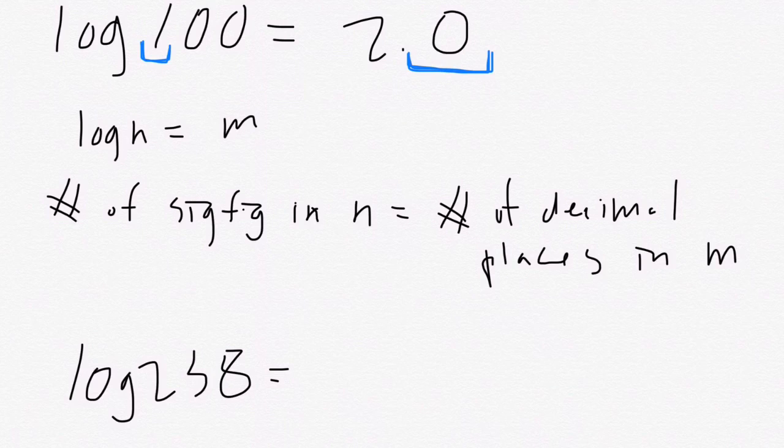Let's try doing that on your own and see what you get. You should get something like 2.3765. Now, since 238 has 3 sig figs, our answer should have 3 decimal places. So we leave it as 2.377. Hopefully that's what you got.